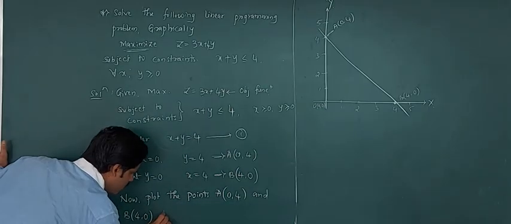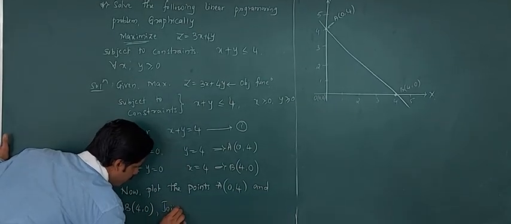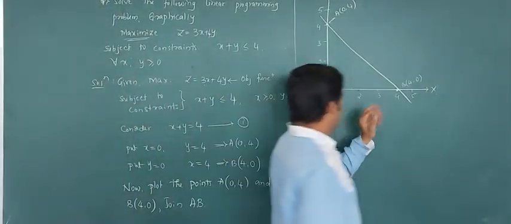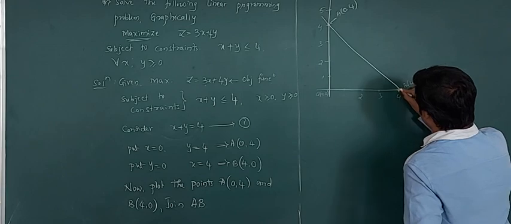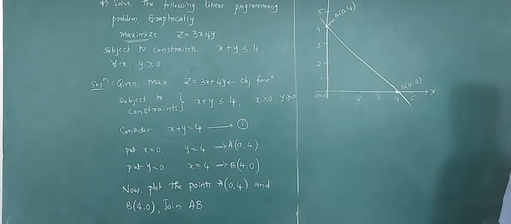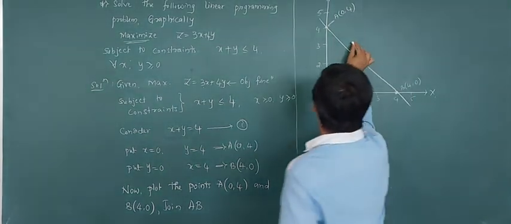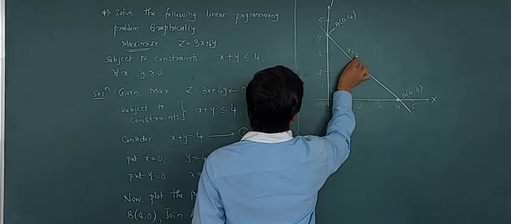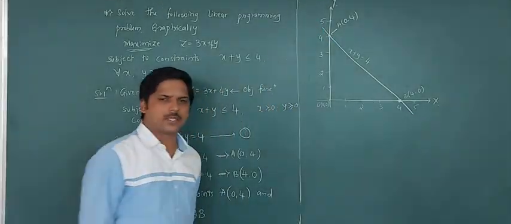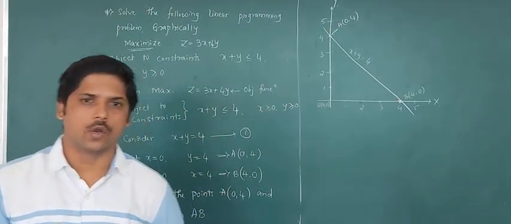Next, join AB. So here, plotting the graph, points B and A joined as AB. Here our equation is x plus y equal to 4. This is the line of x plus y equal to 4.